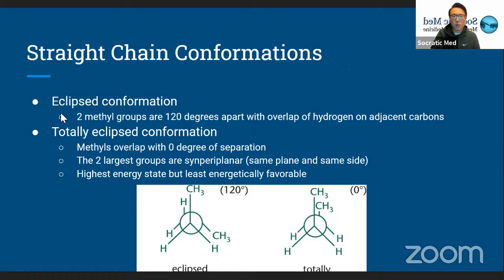Steric hindrance is more about bonding purposes or ring purposes, but you could say that about the methyl groups on top of each other. It just creates more strain on the molecule.